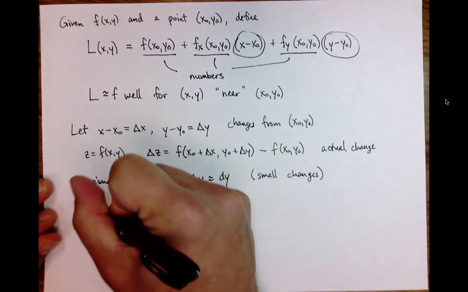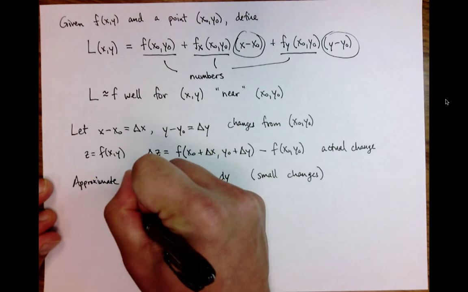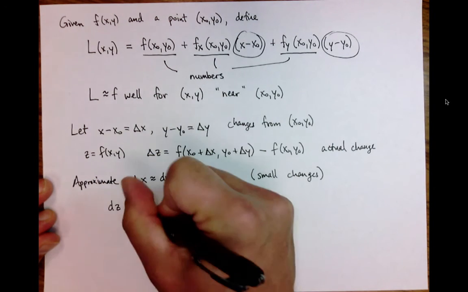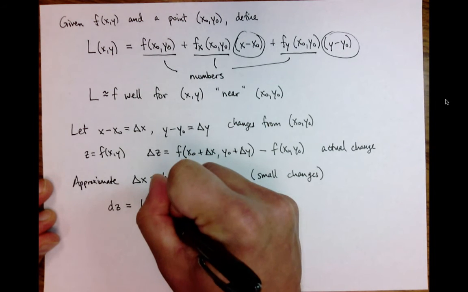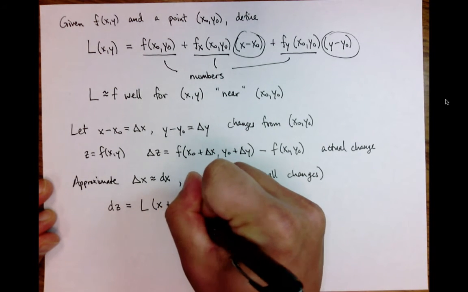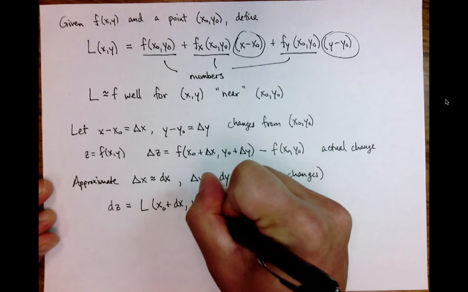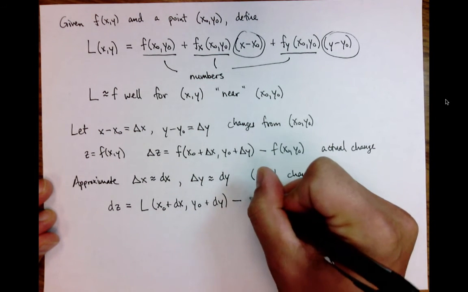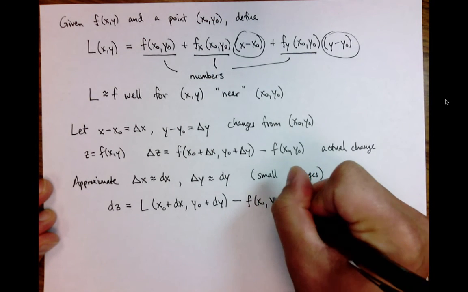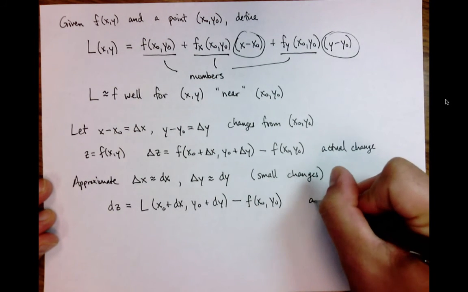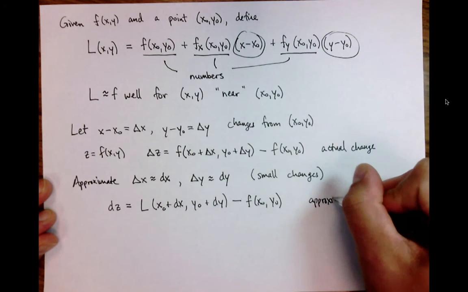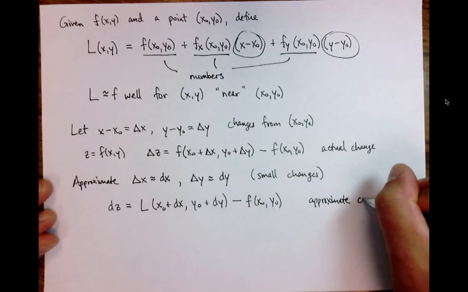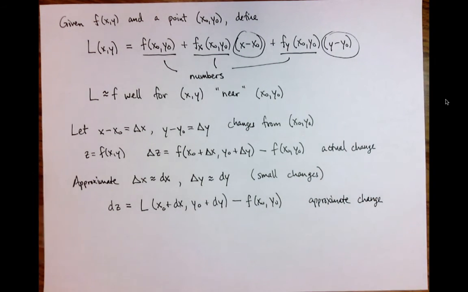And then we have an infinitesimal change in z, which is defined as the change in L. So this is approximate change. The idea being that even though it's only approximate, it's super easy to calculate with because it's linear.